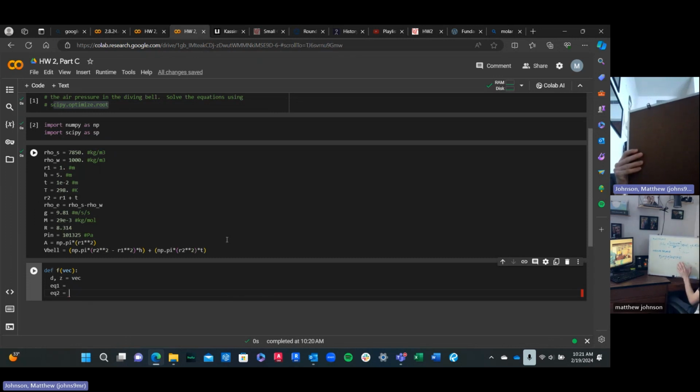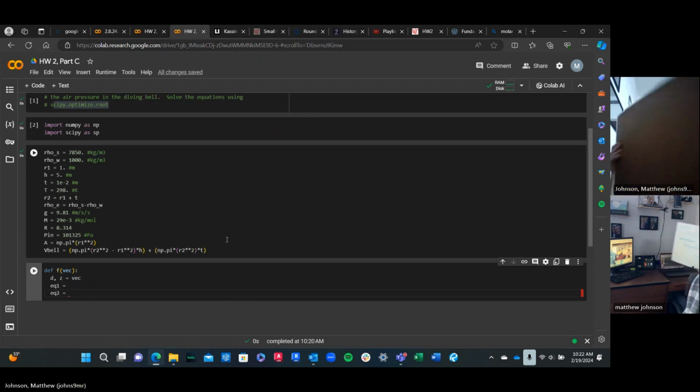I'm going to type these equations in so that we can optimize them in the scipy.optimize.root function. I've set them equal to equation 1 and equation 2, which really means we're going to set them equal to 0. So I need to take all the terms, move them to one side, and then set equal to 0. So when you see a negative version of this, that's why.